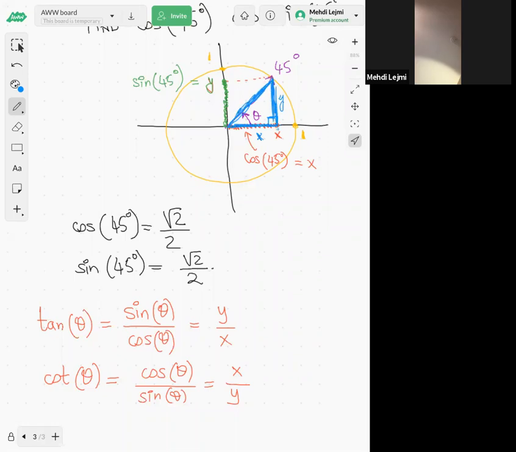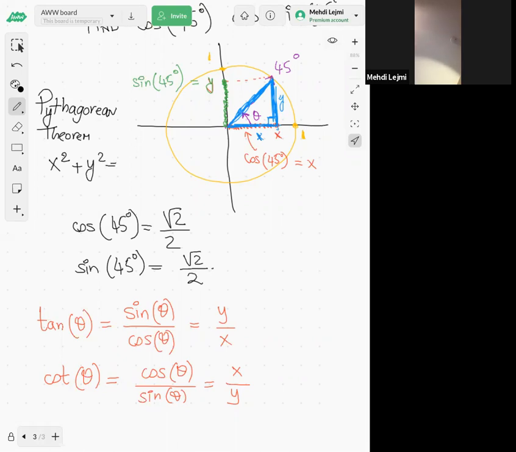Let me just remind you what the Pythagorean theorem says. The first side, let's say the adjacent side, is x, so x squared plus the opposite side squared, y squared, equals the square of the hypotenuse.